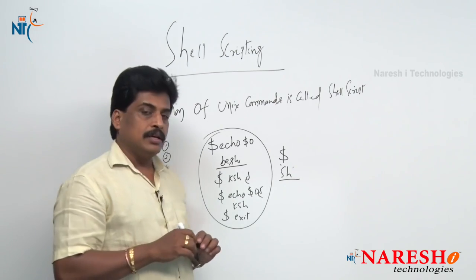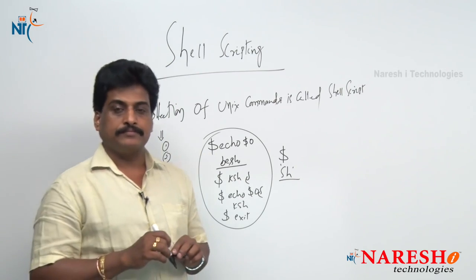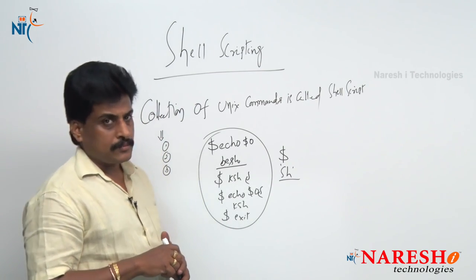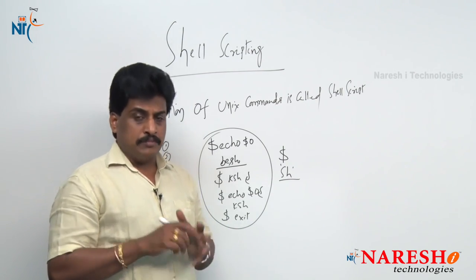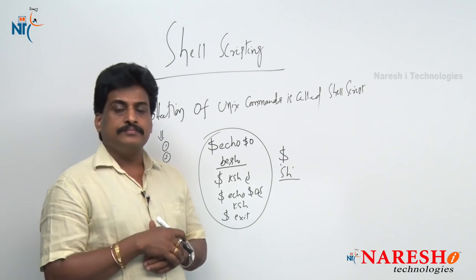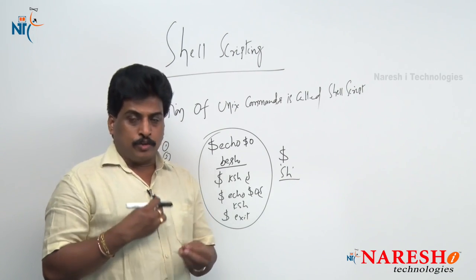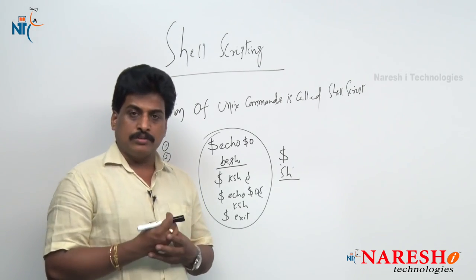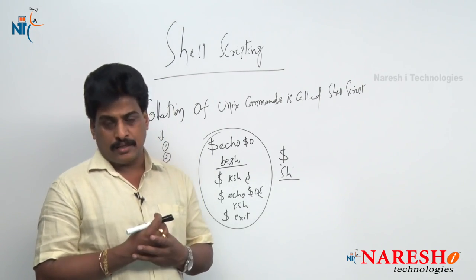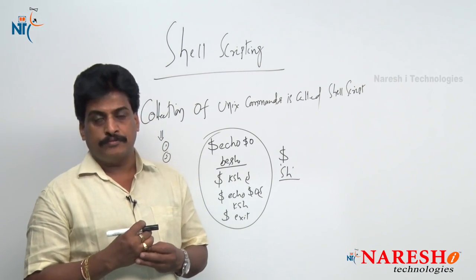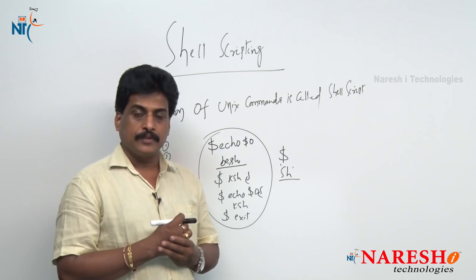Before observing, what are the features of shell scripting? There are several features available. Feature number 1, execute lump sum commands at a time. Second feature, whatever the duty we need to perform every day, one shutdown, one log off, one restart, one creation, one deletion, we can automate with the help of programming, means scripting.